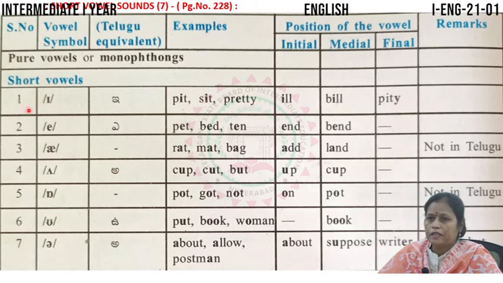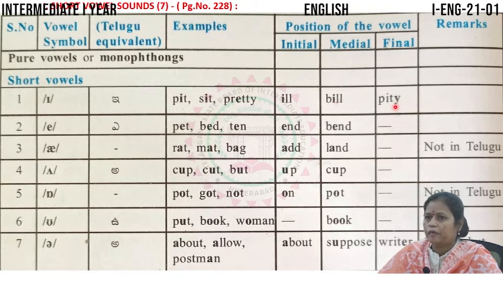Let us see the first sound. This is E, as in our letter I, but here it gives us the sound E. In Telugu it is E. Let us see, this is PIT, pronounced as pit. You can observe this sound: pit, sit, and pretty. Next, in the initial position it is ill, bill, and pity last.